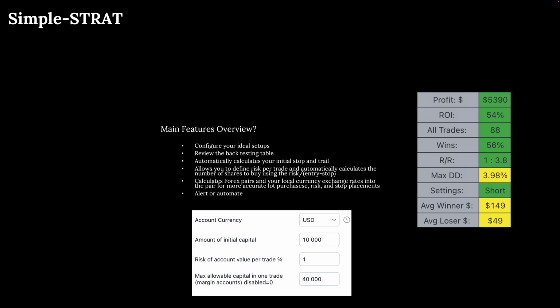We need to make sure that we're being as accurate as possible. So if you flip to a Forex chart, what it'll actually do is convert whatever you're looking at as far as the pairs into the equivalent of what the local currency would be when it triggers a buy and obviously a sell. That was something that was important to me personally. I needed to make that as accurate as possible.